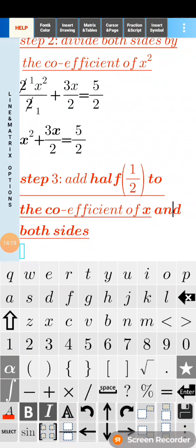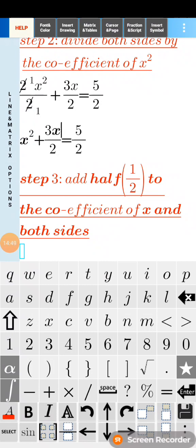Let me underline it. Now, before I add my half to the coefficient of x, the coefficient of x is 3 over 2. Let me make it more understandable.